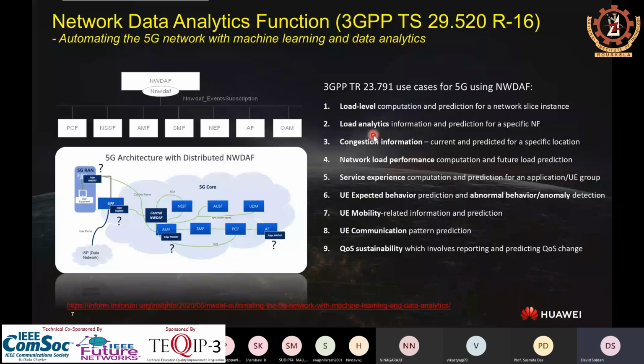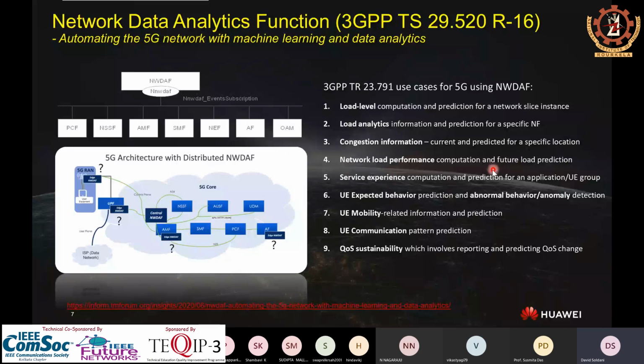So here you have 9 use cases, which I have aggregated in terms of load level computations and predictions, load analytics, congestion information, and how the network performs in the case of heavy load. But they're also thinking of using these functions for improving the end user experience.